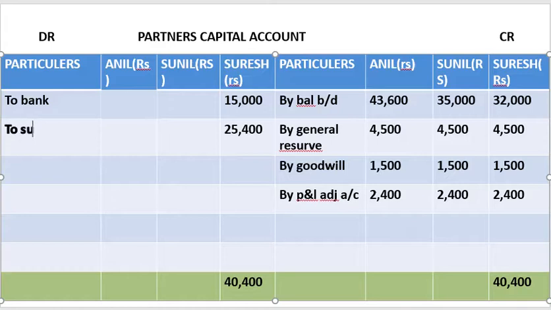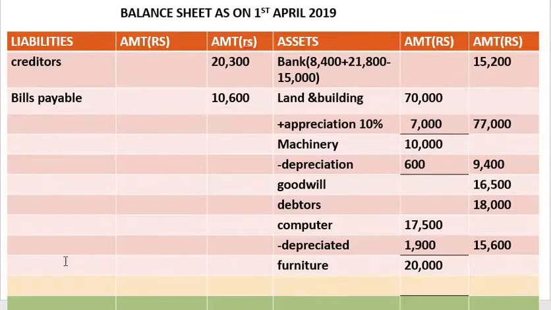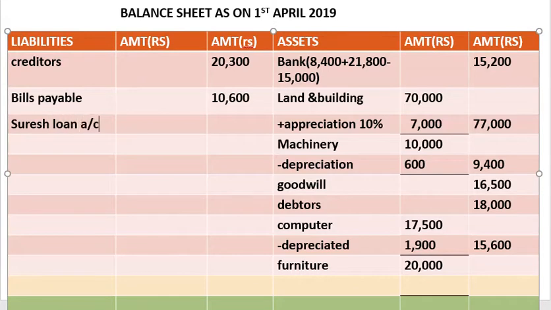So Suresh loan account 25,400. Now this 25,400 will go in the liability side. Suresh loan account. How much? 25,400. Okay.